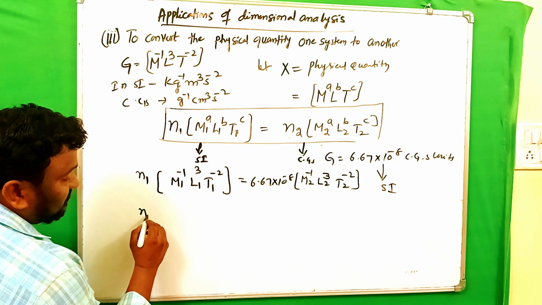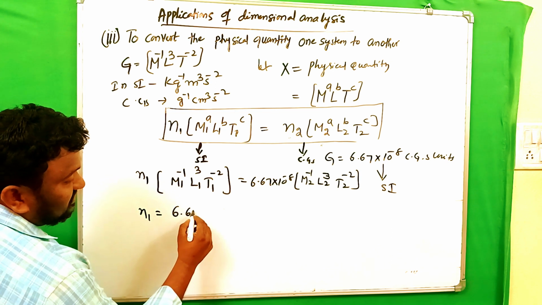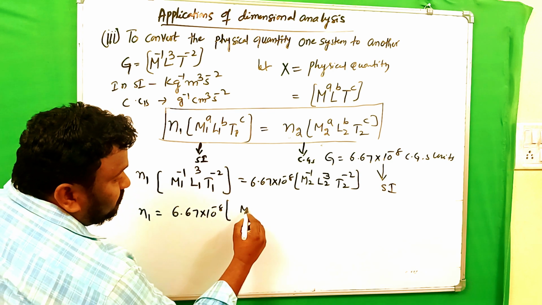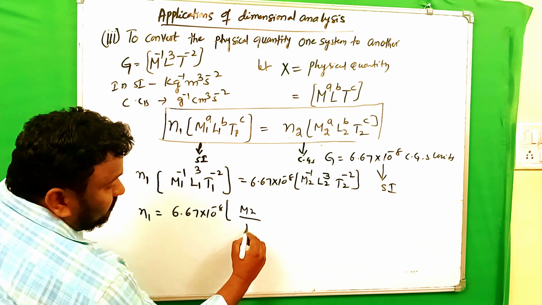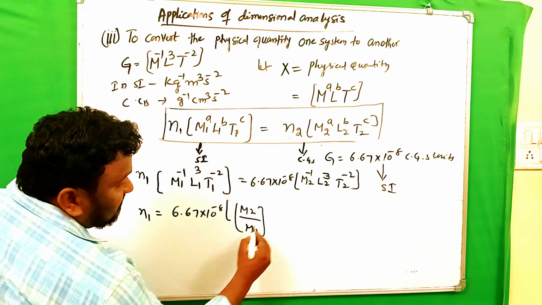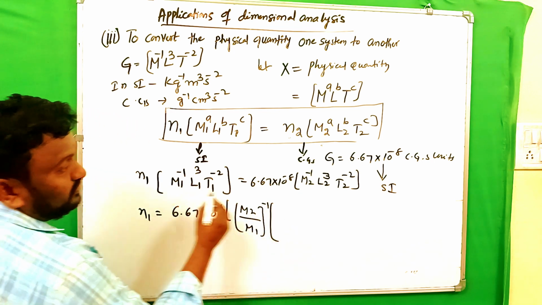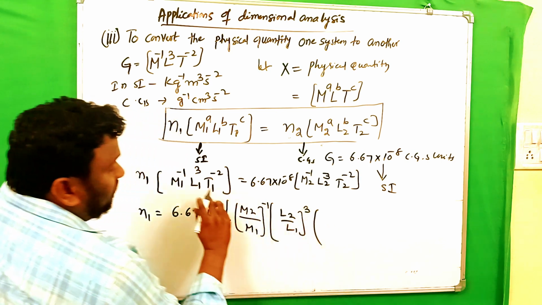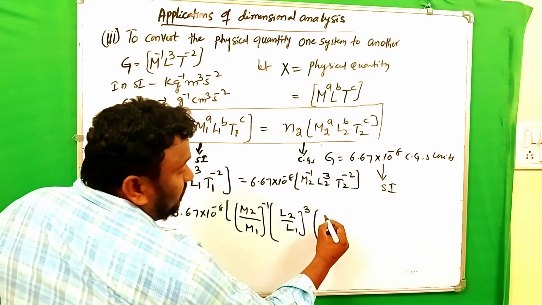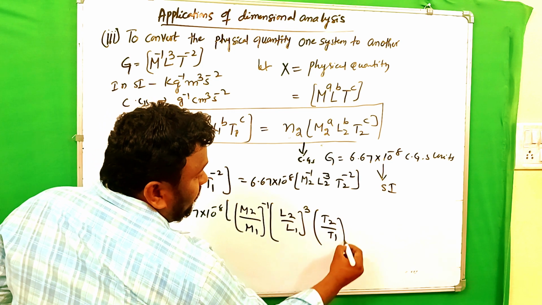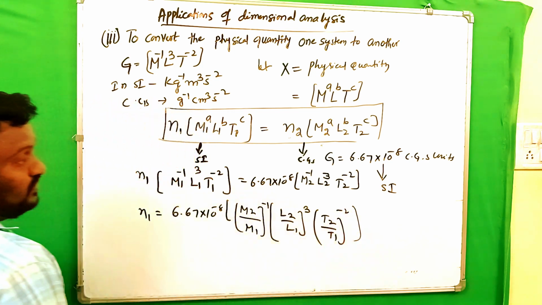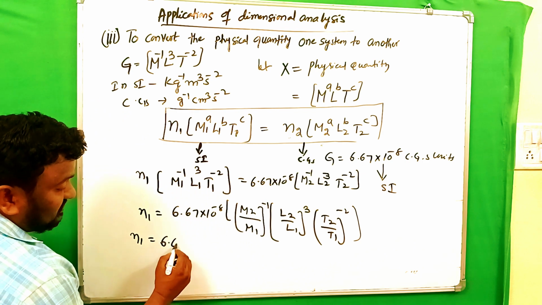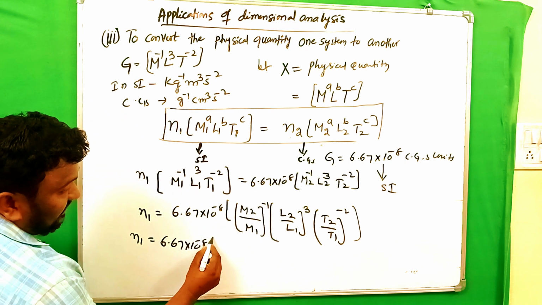Here we want to find out N1. N1 is equal to 6.67 into 10 to the power of minus 8, M2 by M1 all to the power of minus 1, L2 by L1 all cube, simply we are bringing it to the other side, T2 by T1 all to the power of minus 2. Now N1 is 6.67 into 10 to the power of minus 8.